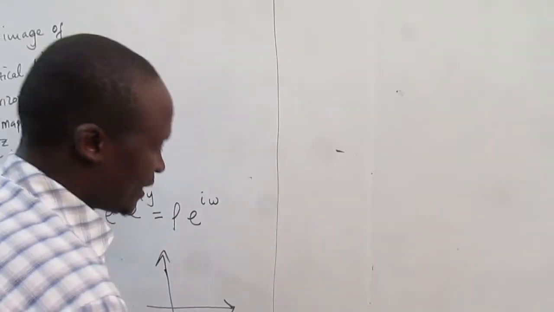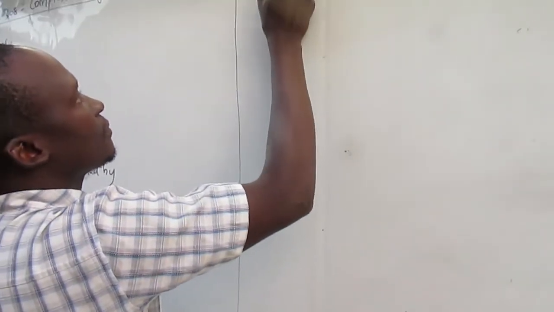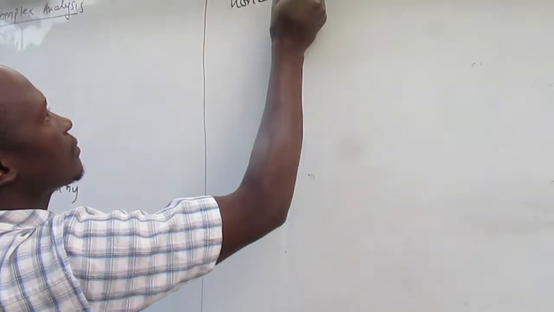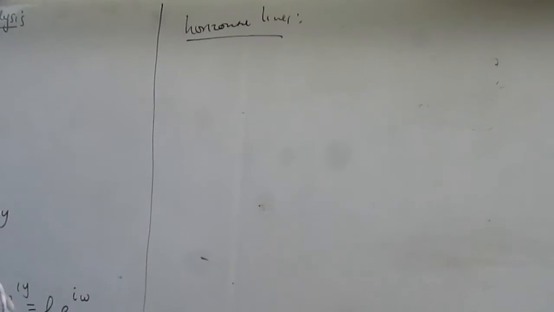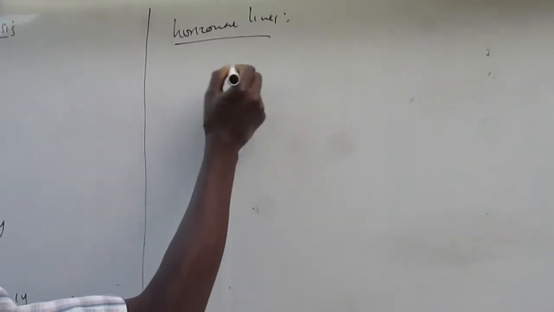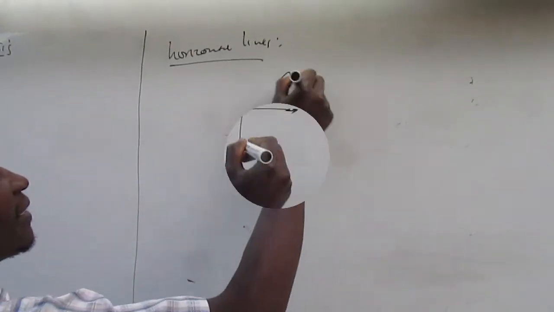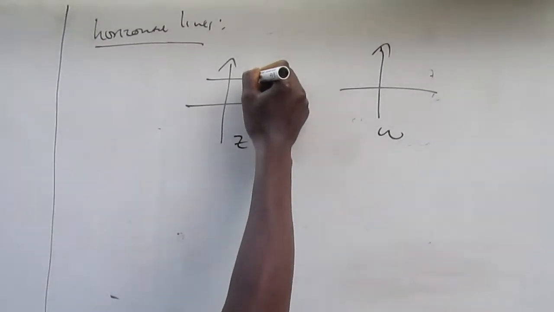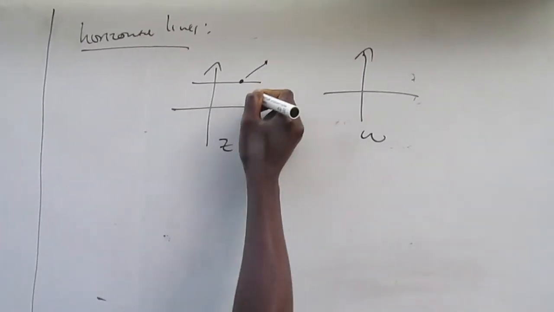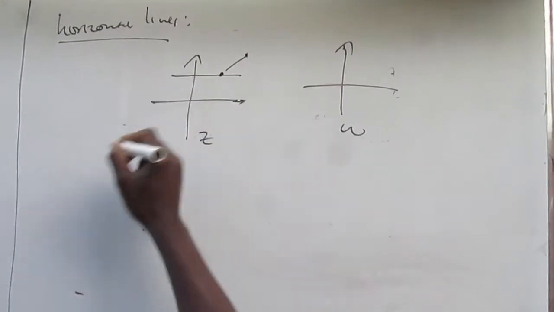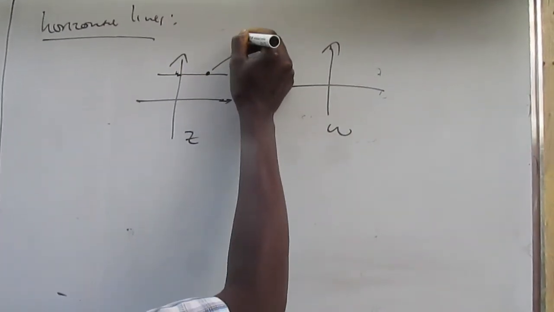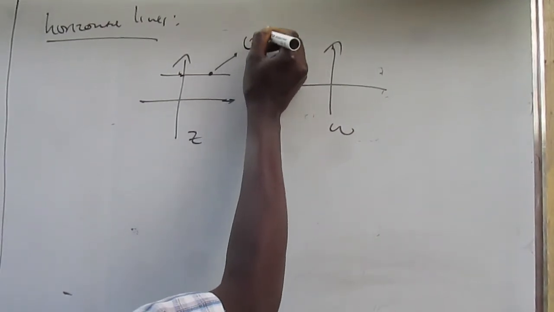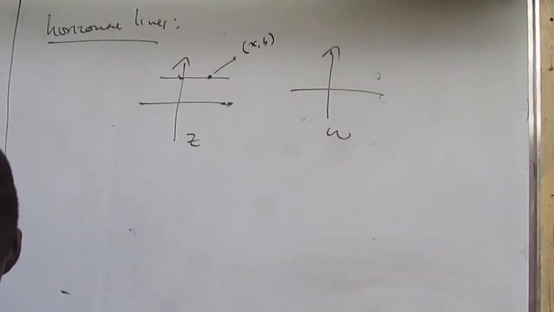And so let's also look at horizontal lines. So once again, with the same transformation functions, a typical element on this line, if I use b as this point, will be of the form x comma b.